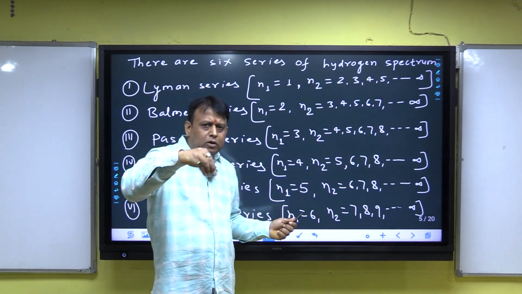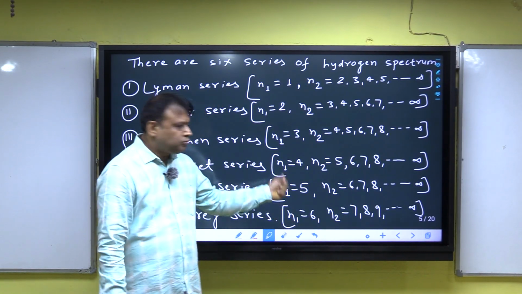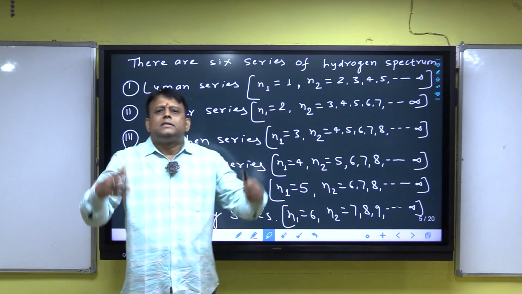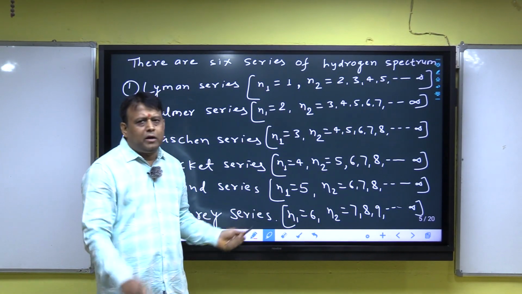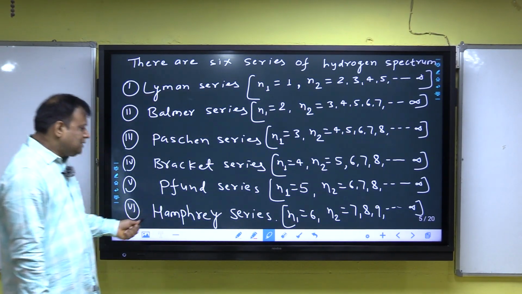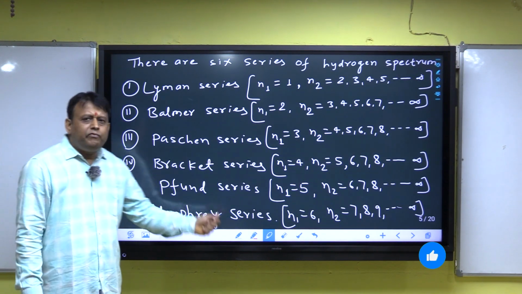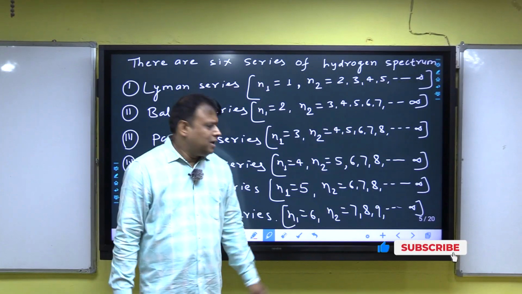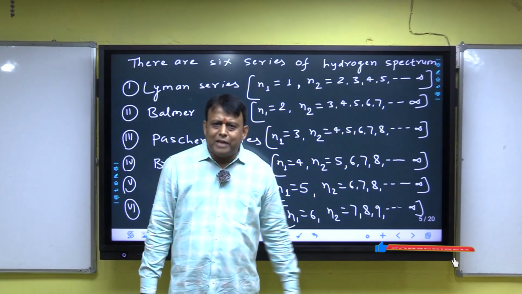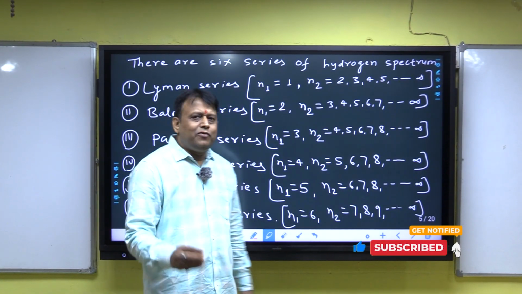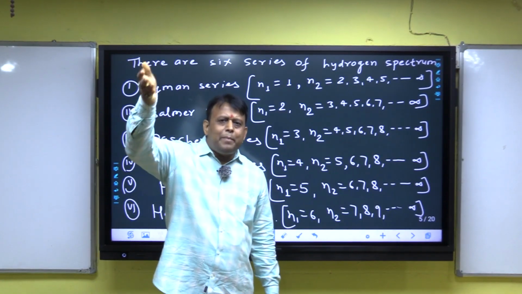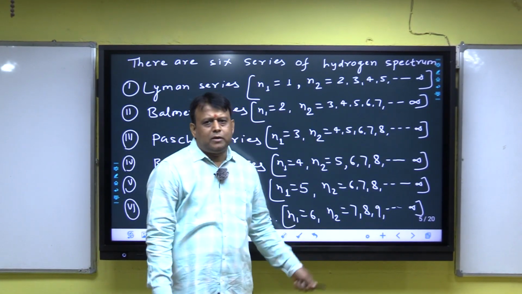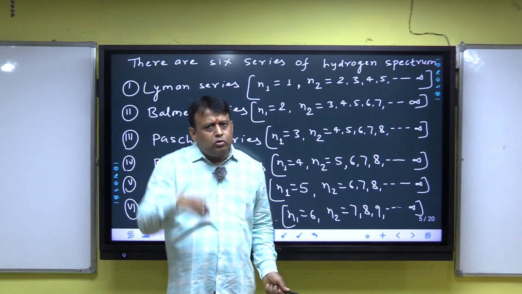Seventh orbit to fifth orbit, Pfund series. Sixth orbit to fifth orbit, Pfund series. And the last and newest series is Humphrey. In Humphrey series, N1 is equal to 6, N2 is equal to 7, 8, 9, up to infinite. That means when an electron falls from seventh orbit to sixth orbit, Humphrey, infinite to 6, Humphrey.